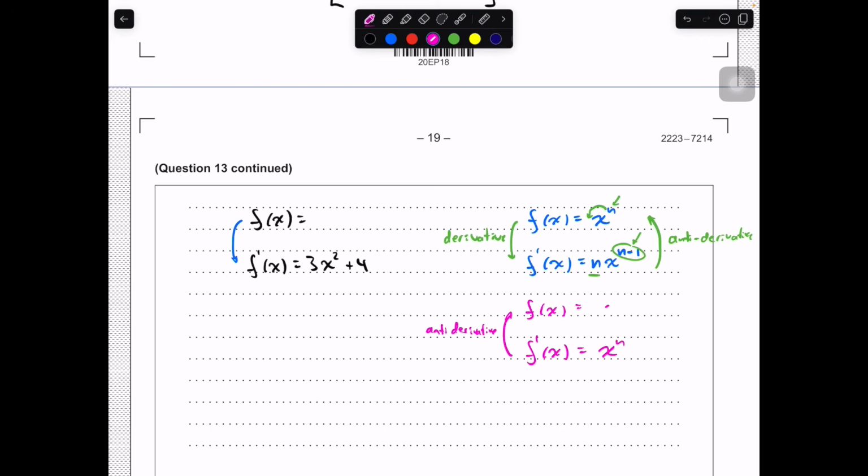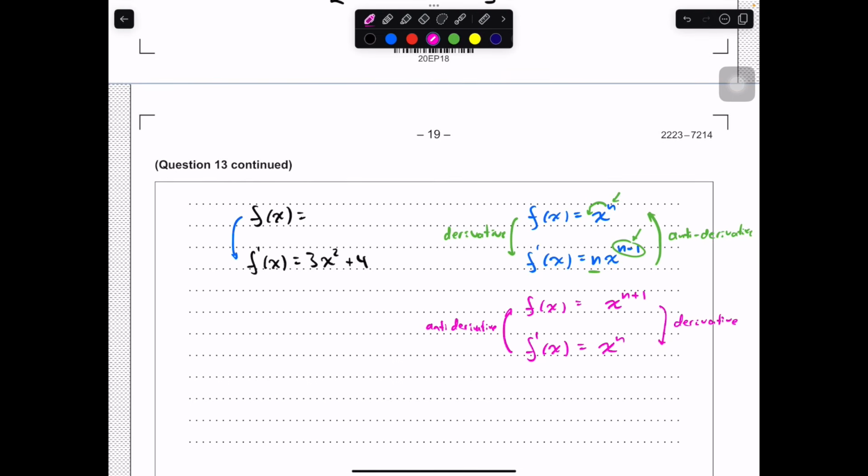Well, it would mean that originally our exponent would have 1 more, right? So if we're going down this way and taking the derivative, we would subtract 1 from our exponent, and we would also multiply our term by whatever that exponent was. So in that case, we would want to also divide by whatever that new exponent is.